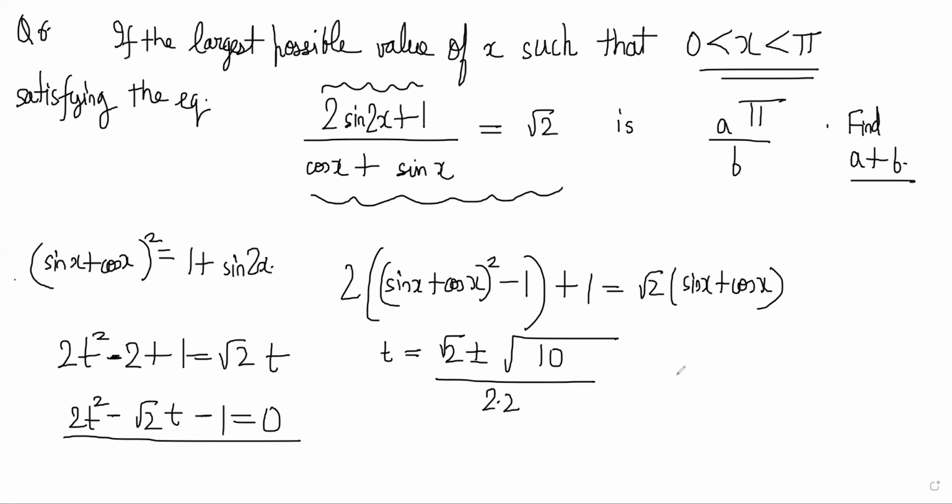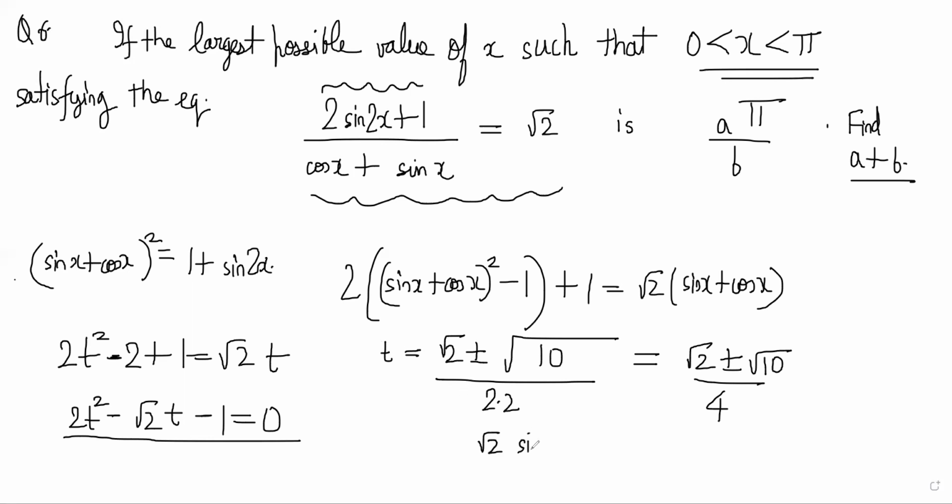So let's just keep it as root 2 plus minus root 10 by 4. That is your cos x plus sin x, right? Cos x plus sin x is root 2 into sin x plus pi by 4.